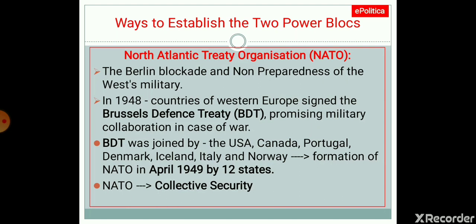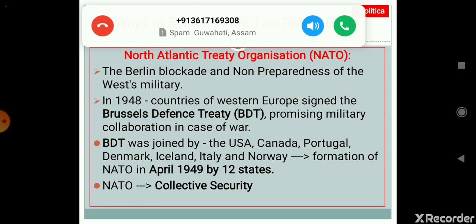So in April 1949, with 12 member countries, NATO was created under the leadership of the United States of America. The whole purpose of the creation of NATO was to ensure collective security. Now, what is collective security?